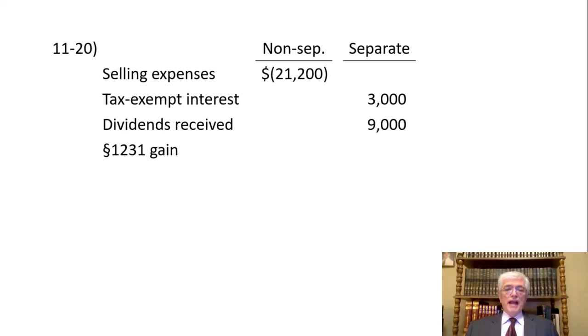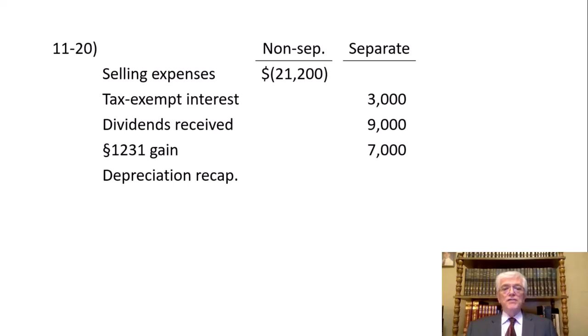The 1231 gain, that has to be separately stated at $7,000 because, of course, 1231 gains are capital gains unless the shareholder has 1231 losses, then maybe not. Depreciation recapture, well, that's just ordinary income. If you sold an asset, like a piece of equipment, for more than its adjusted basis, then the gain is going to be ordinary gain up to the amount of depreciation deducted.